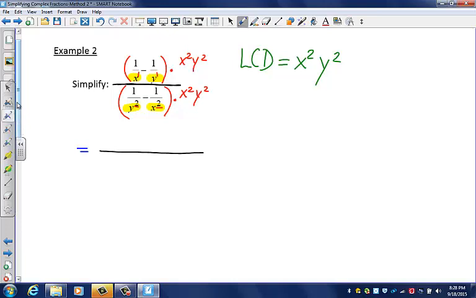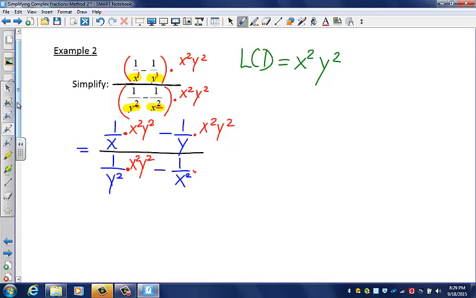Okay, so I'm going to go ahead and rewrite that, and then I'll do the multiplying. Okay, so I'm going to take 1 over x times x squared, y squared, and 1 over y times the common denominator of x squared, y squared, and same thing in the denominator with those 2 fractions.